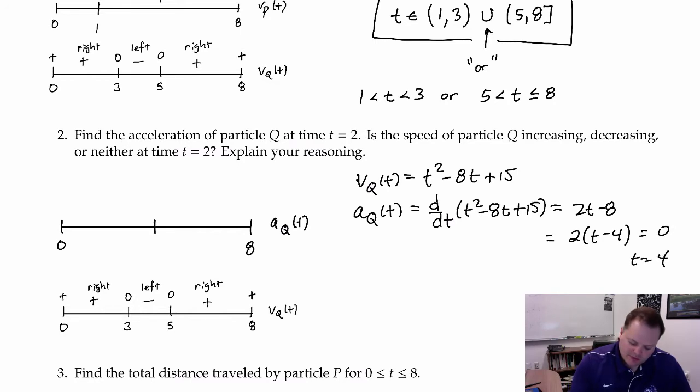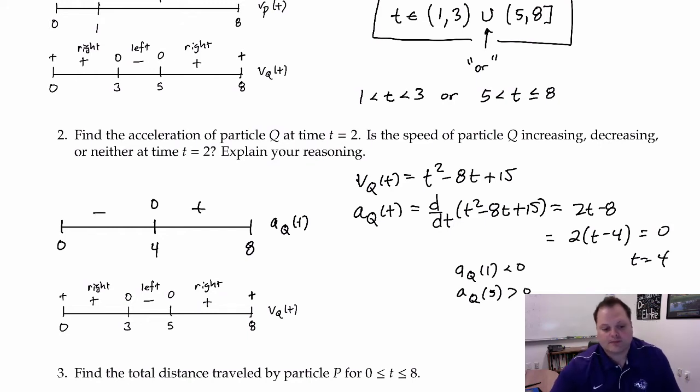So I'm going to plot 4. I know my acceleration is 0 there. If I plug in 1, the acceleration at 1 would be negative, and the acceleration at 5, if you plug in 5, that would be positive. So I know I have a negative acceleration here and a positive acceleration here.